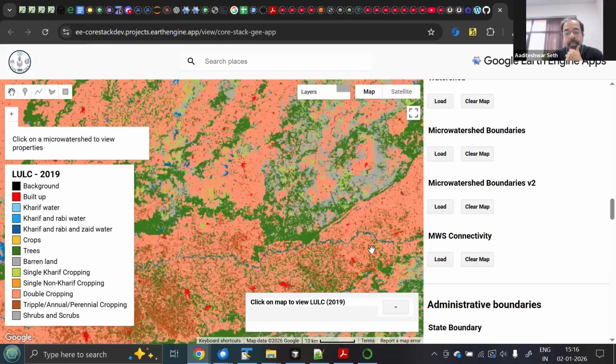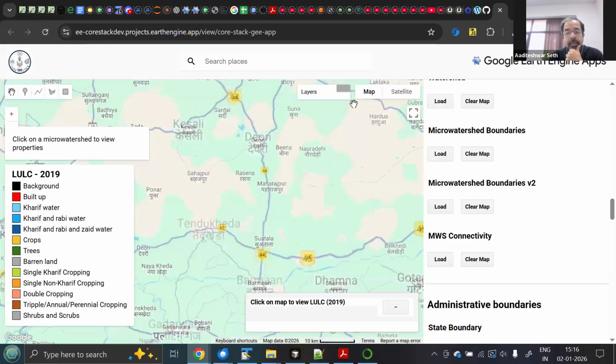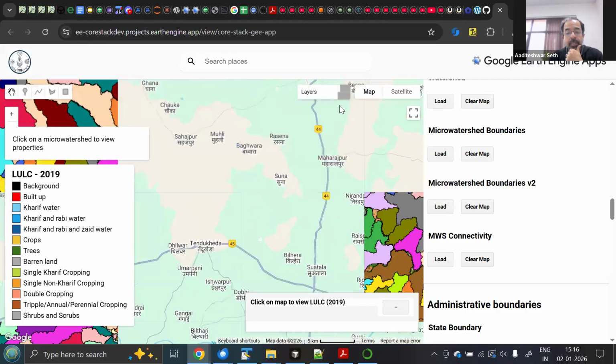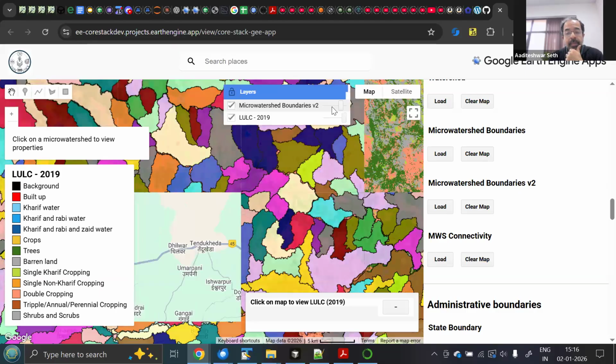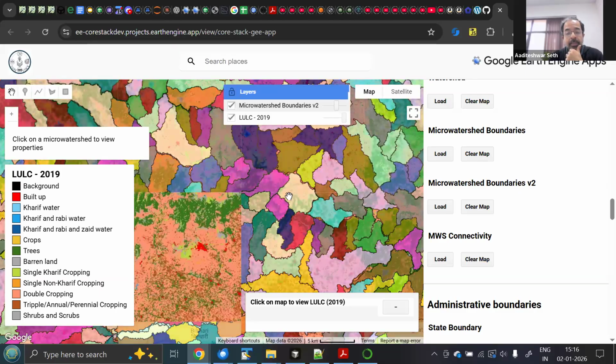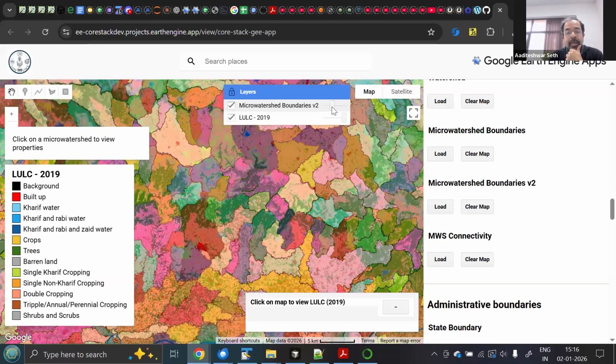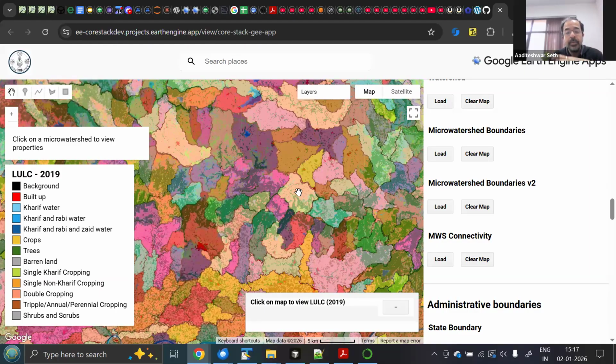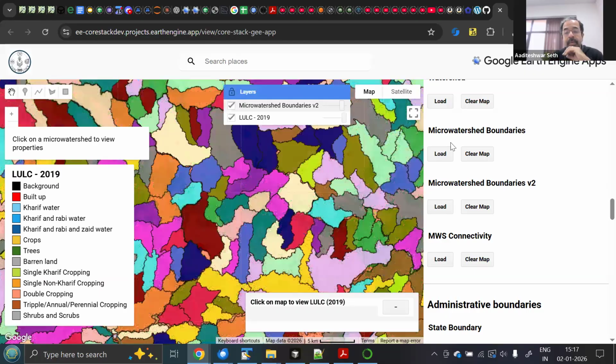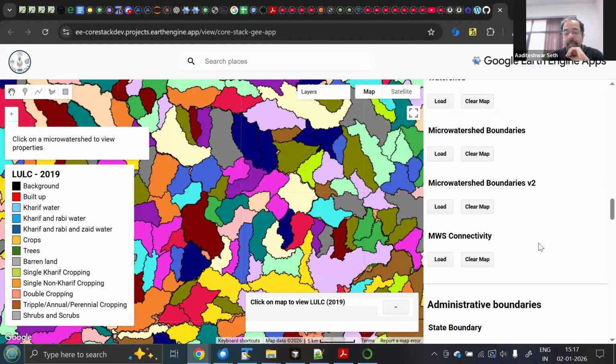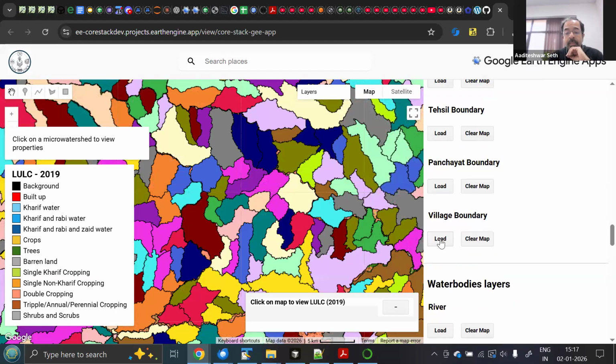So in these different micro watershed units, how much area is under trees and so on. And likewise, rainfall, evapotranspiration, all sorts of time series have been computed on these micro watershed units. But what people also want is computations on village units.